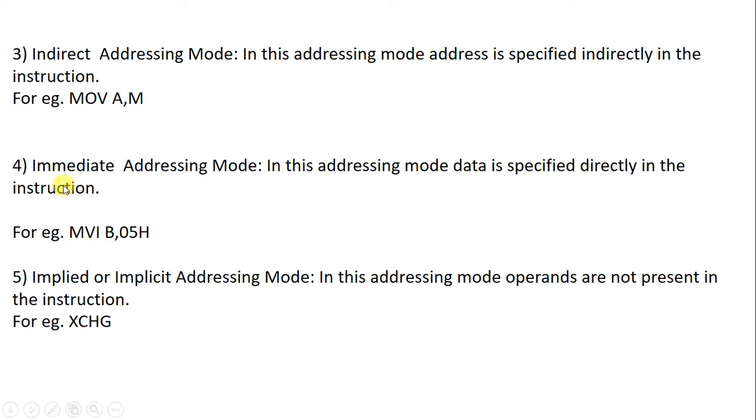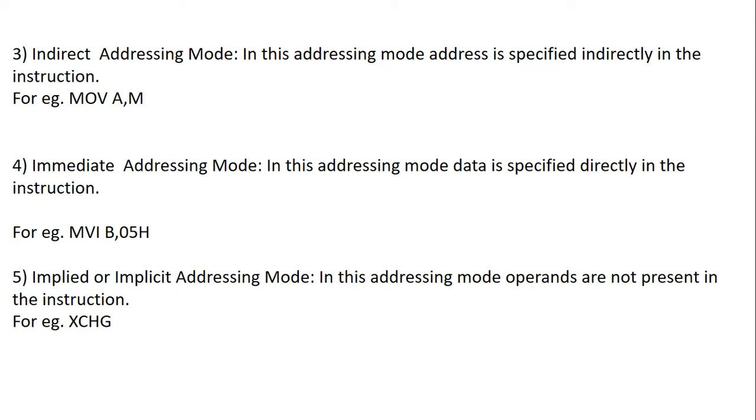The fourth one is immediate addressing mode. Here the data is immediately coming in the instruction, so that is called immediate addressing mode. When the data is specified in the instruction, then it is called immediate addressing mode. Or you can say simply, when the instruction ends with an I, that time it is immediate addressing mode.